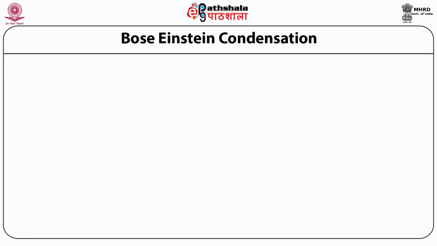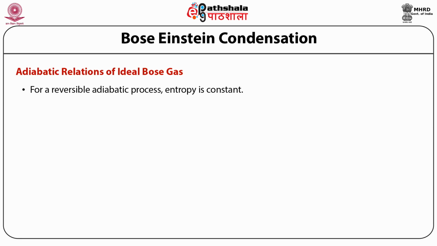Now we look at the adiabatic relations of the ideal Bose gas. For a reversible adiabatic process, entropy is constant. Therefore, from equation 75 for T less than Tc, S is equal to 1.28 kB multiplied by Ne, where Ne is a constant.